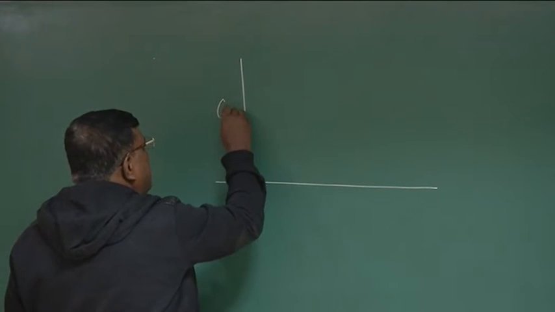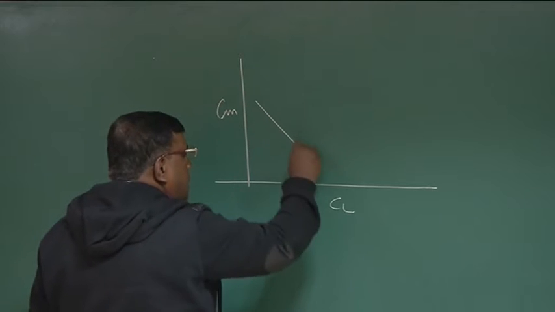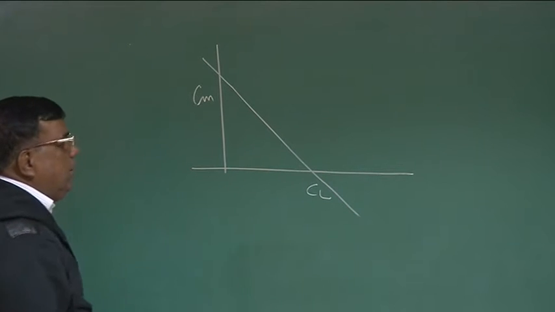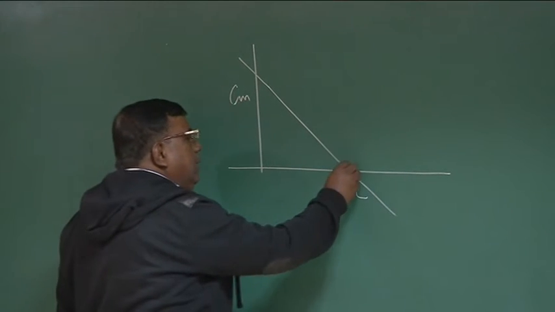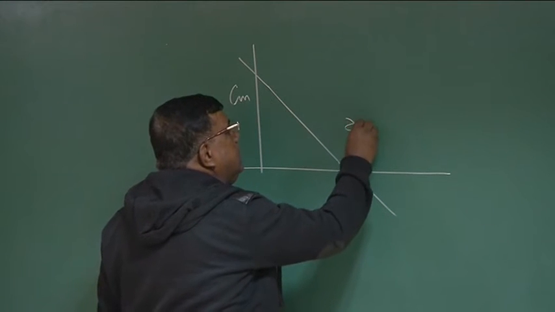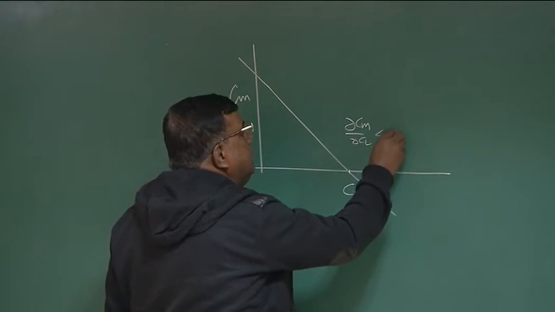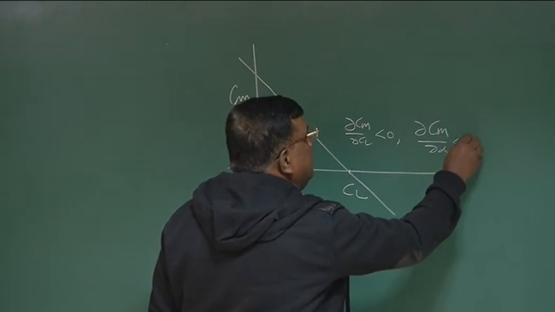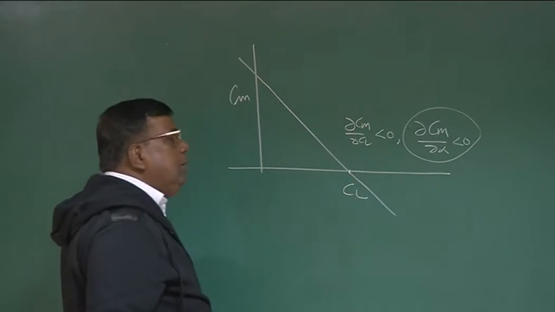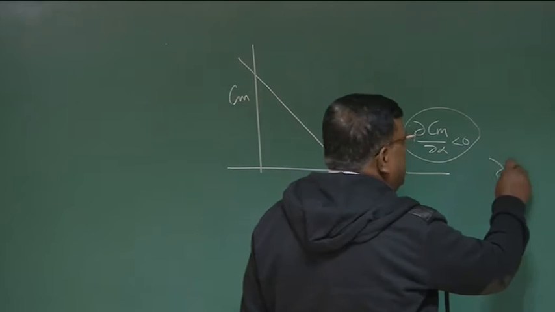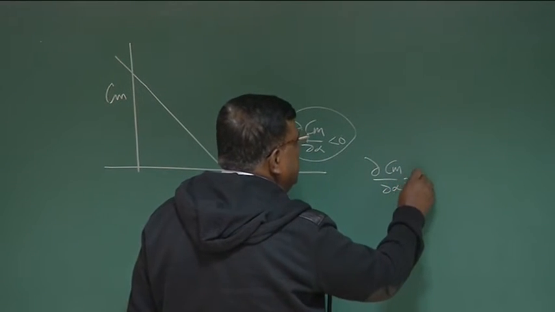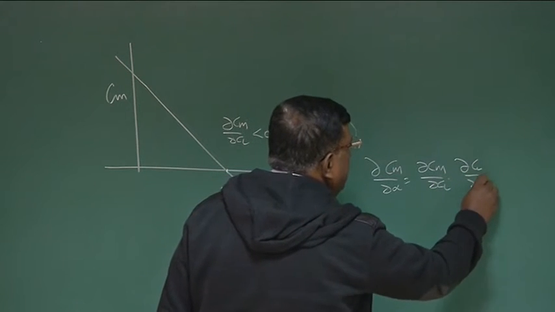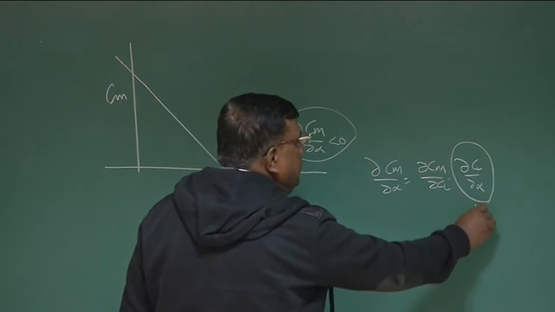You know that if I draw CM versus CL, this is the variation of CM versus CL at equilibrium or at trim. It has a negative slope, that is dCm by dCl is less than 0, or dCm by d alpha is less than 0. Both are equivalent because dCm by d alpha can be written as dCm by dCl into dCl by d alpha, and this is CL alpha, which is always positive.